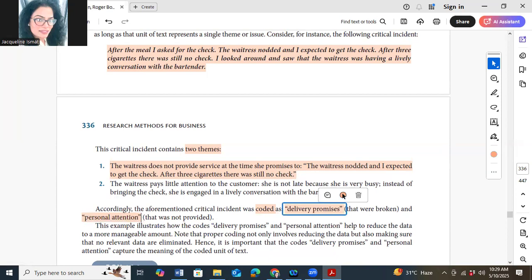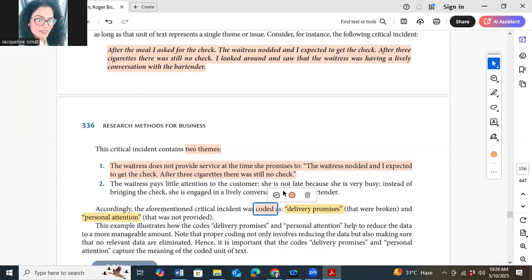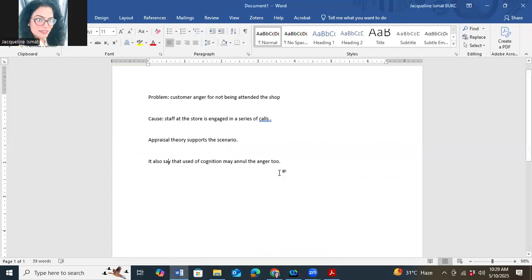So, sequence बनाया. पहले हम theme बनाएंगे. So we have themes. Right.